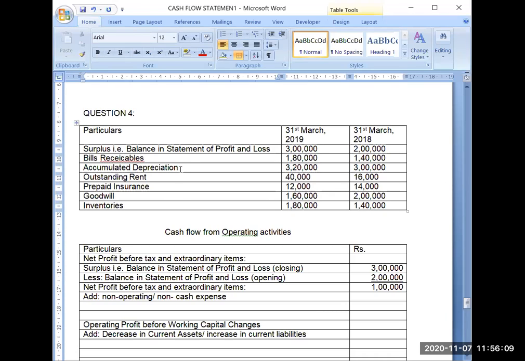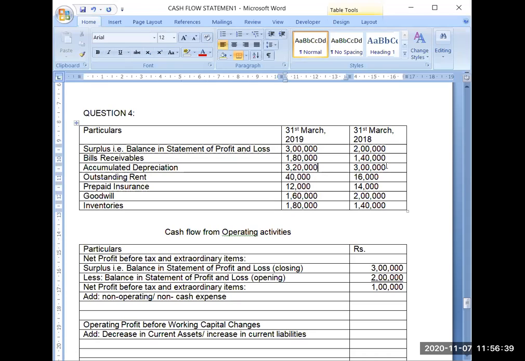Then accumulated depreciation. Now, if you remember last year's chapter of depreciation, there you have prepared a provision for depreciation account. Do you remember that? That provision for depreciation account is actually known as accumulated depreciation. If you remember, the depreciation keeps on accumulating. We don't charge it to the asset account.